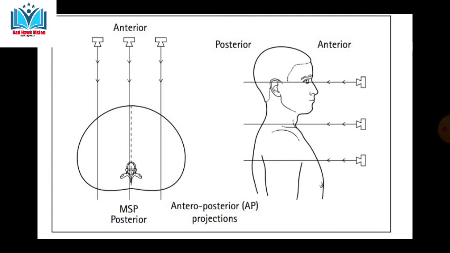We also talked about the position of the patient, erect position, decubitus position, and also the limb position terminology: extension, flexion, abduction, adduction, pronation, supination. This terminology is very important to perform X-ray exams.